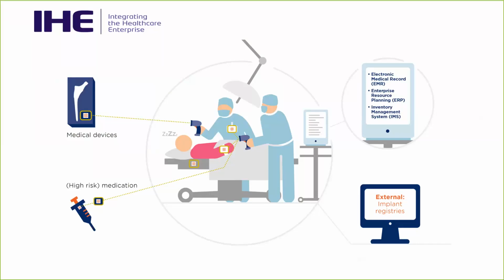So if one certain hip is used, then a new one should be ordered by the manufacturer, for example. On the right bottom, there are also some external systems that can be used. For example, some implant registries, like the National Implant Registry I mentioned before, which is mandatory to use in the Netherlands, but also a lot of professionals maintain their own registries, for example, for orthopedic implants or breast implants or any kind of implant.